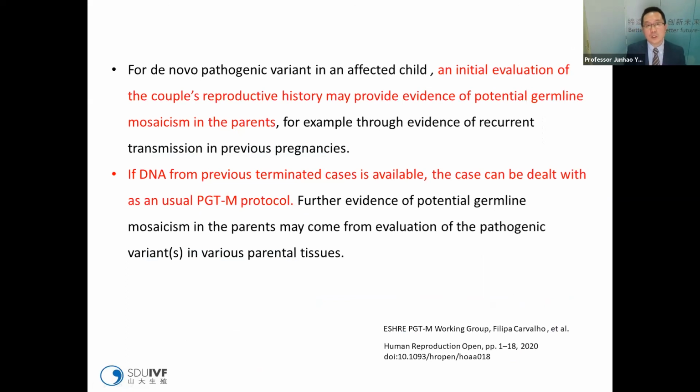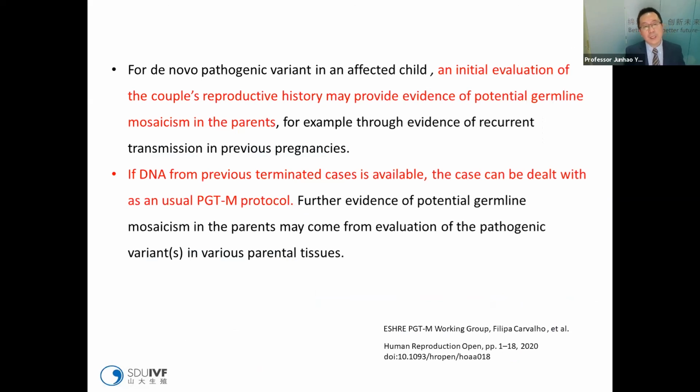For de novo pathogenic variants in an unaffected child, an initial evaluation of the couple's reproductive history may provide evidence of potential germline mosaicism in the parents, for example, through evidence of recurrent transmission in previous pregnancies.